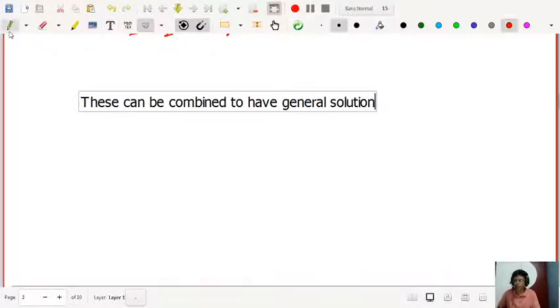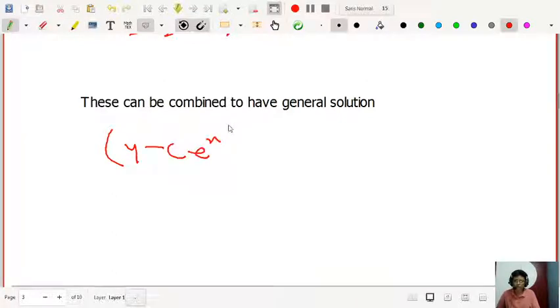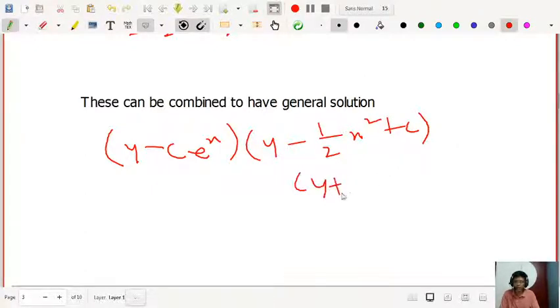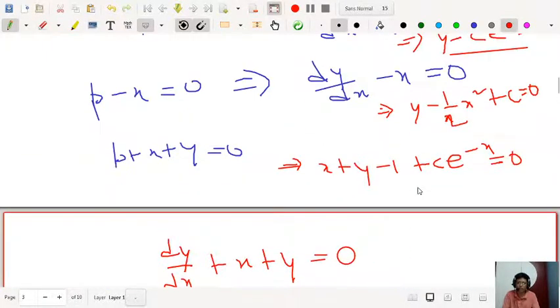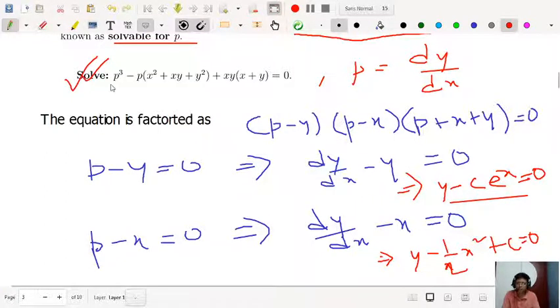What is the combined general solution? y minus c e to the power x, that is the solution of the first linear factor, into y minus half x square plus c, into y plus x minus 1 plus c e to the power minus x equal to 0, c being the arbitrary constant of integration. So this is the combined general solution of the given differential equation of first order but third degree.